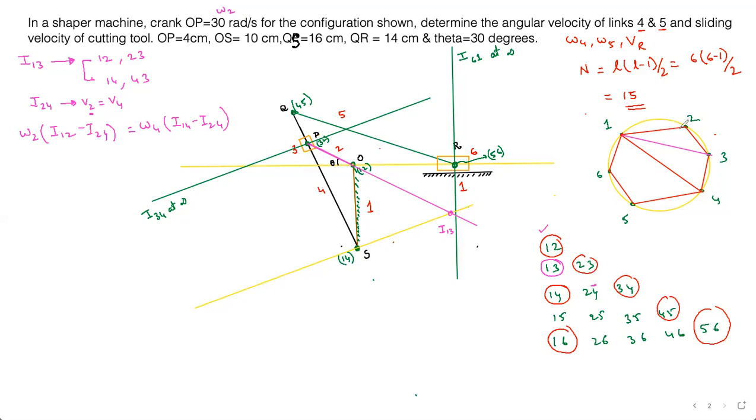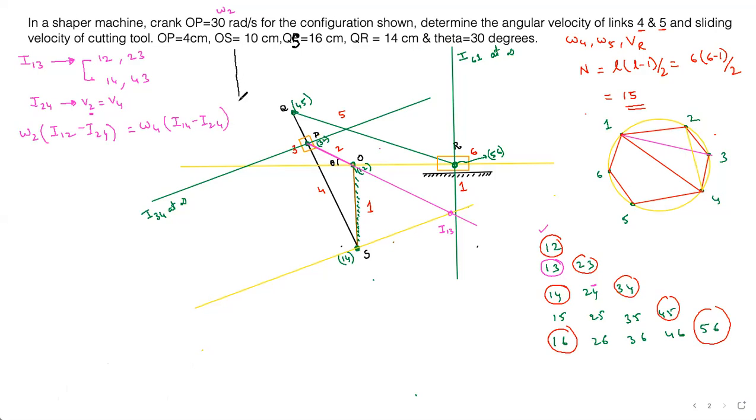So how to find I24? Just connect 2 and 4 in the circle. Because we are using the circle method, just connect 2 and 4. Look at the two triangles on either side.